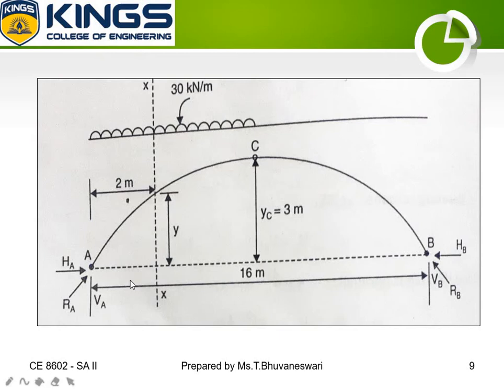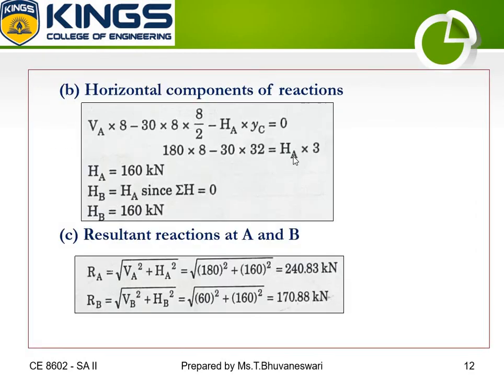So VA into 8, HA into YC, and 30 into 8 divided by 2. After substituting the value of VA, we will get the value of HA, which is equal to 160 kilonewton.